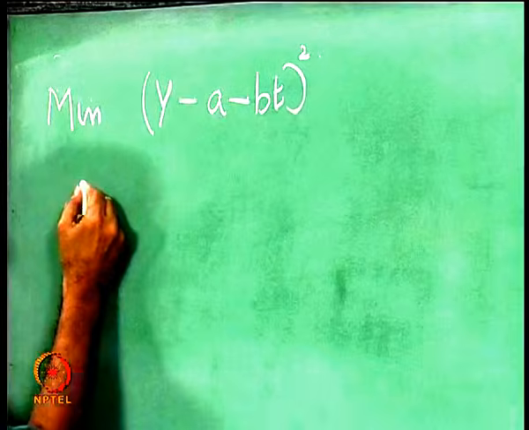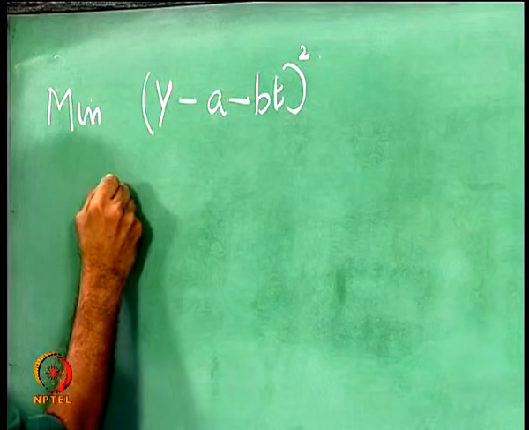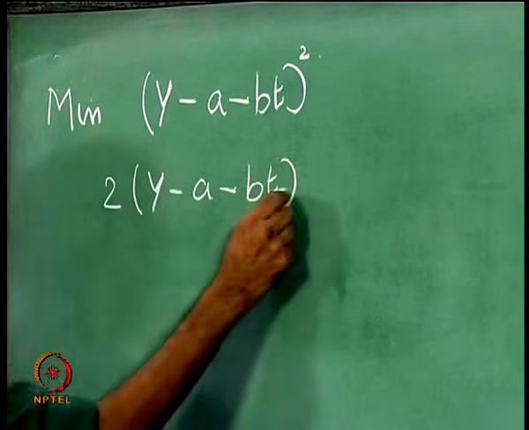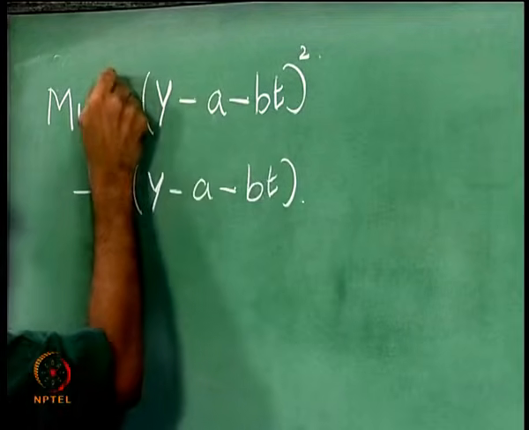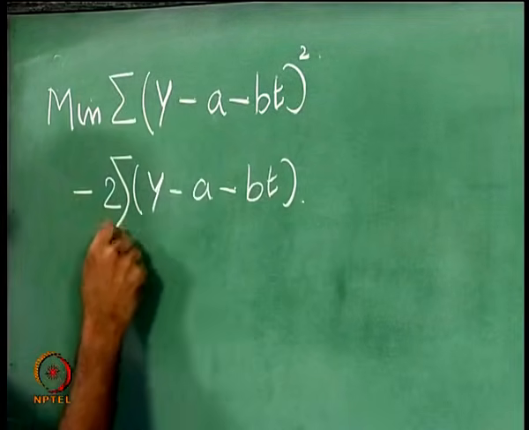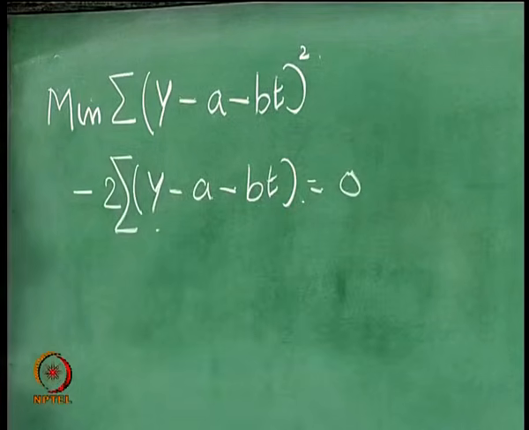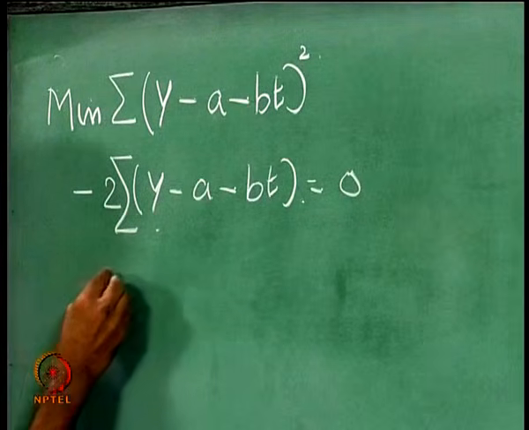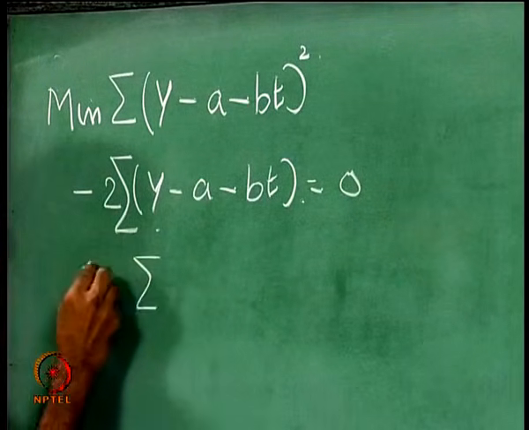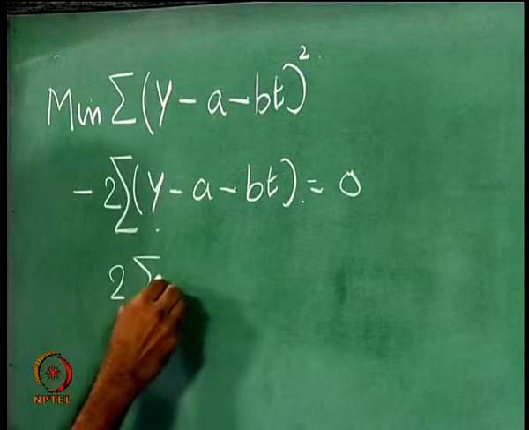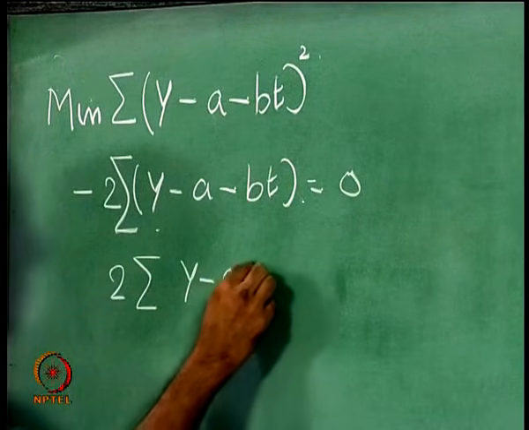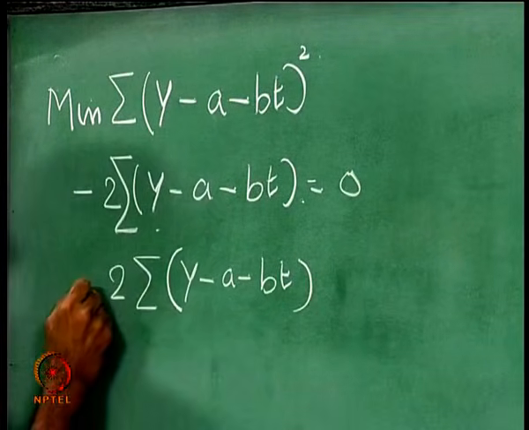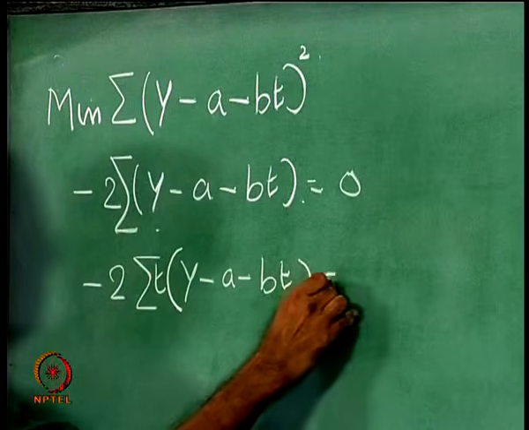So, partially differentiating with respect to A, we would get 2 times y minus A minus bt with a minus sign summation, so summation equal to 0, and partially differentiating with respect to B, we would get sigma 2 times y minus A minus bt into minus t is equal to 0.